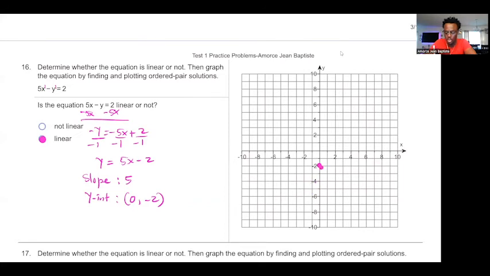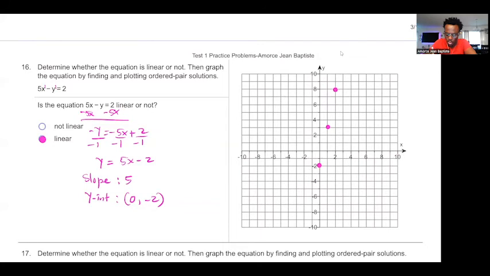So from this point, I'm going to go up 5: 1, 2, 3, 4, 5, and then over 1. And if you want, you can repeat that so you can have a better pattern of your graph. From this, I'm going to go up 1, 2, 3, 4, 5, and over 1.